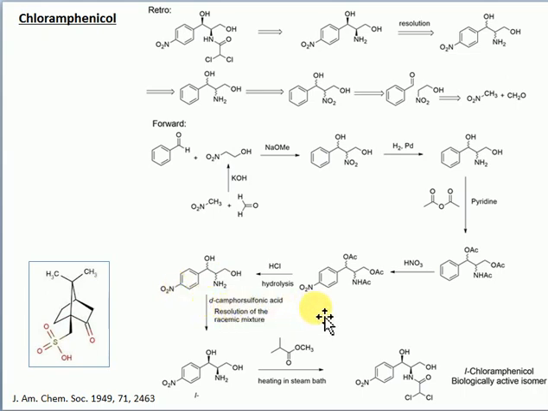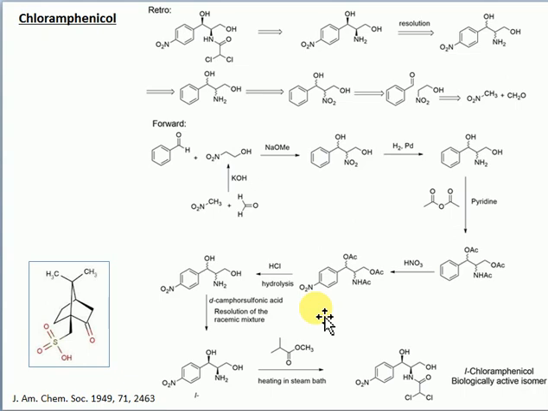These two diastereomeric salts will have different physical properties, like melting point, crystallization properties, and solubility. When these two diastereomeric salts have different solubility, then we can differentiate them, or separate them by crystallization.